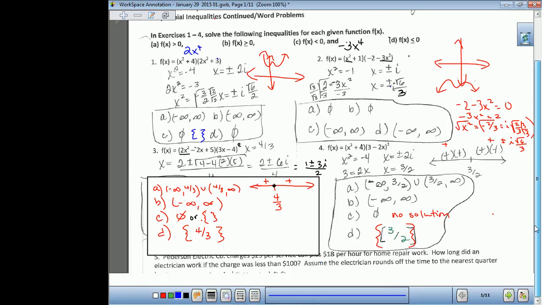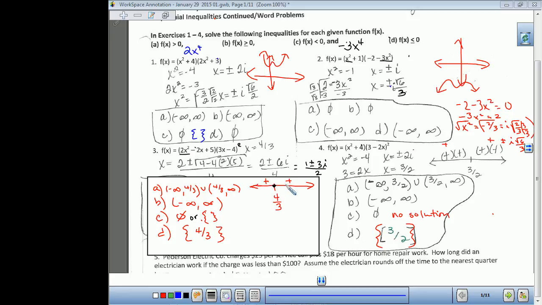All right, 3 and 4. When we solve 3, this one gave us imaginary zeros. So do they make our sign chart? No, they don't count. But this is a 0. It's a rational 0, 4/3. It does make it.